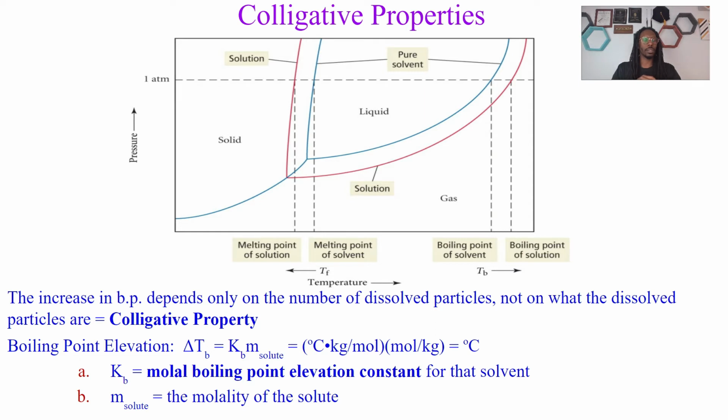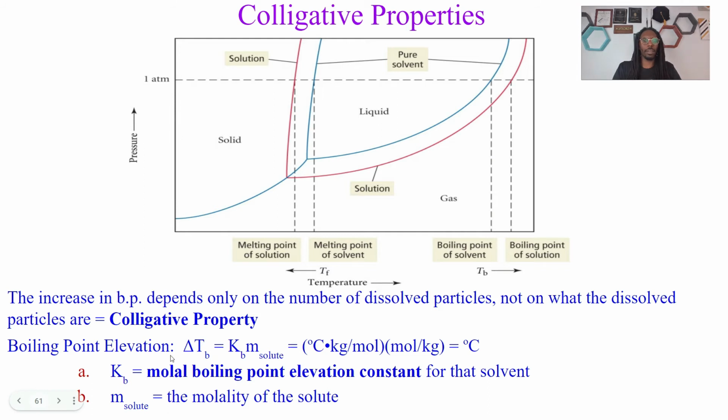So if we see an increase in boiling point, this depends on the number of dissolved particles, not on the type of things that were dissolved. This is in fact a colligative property.